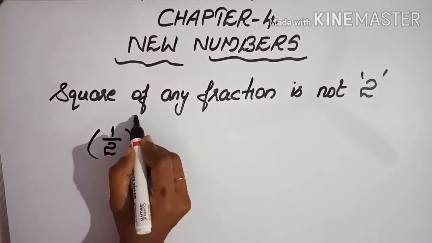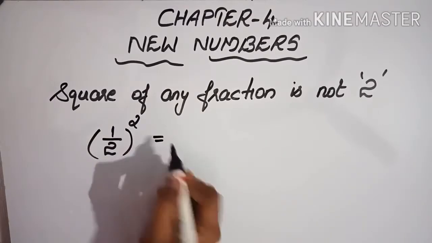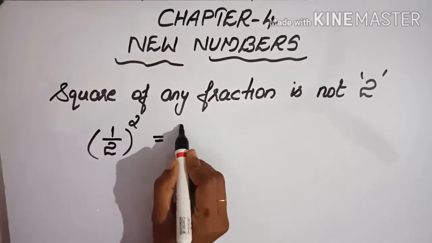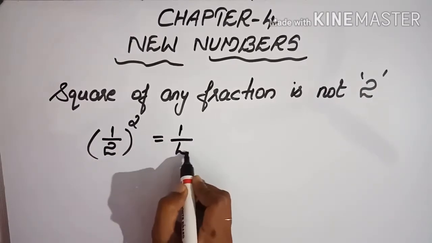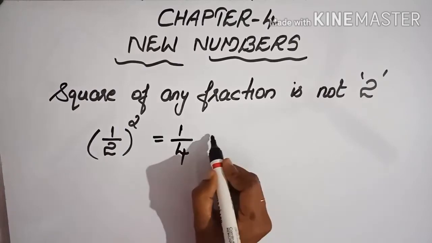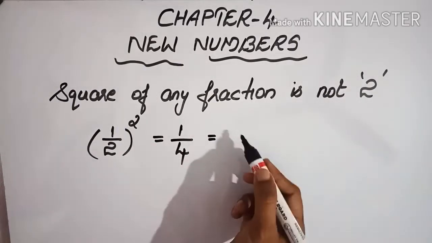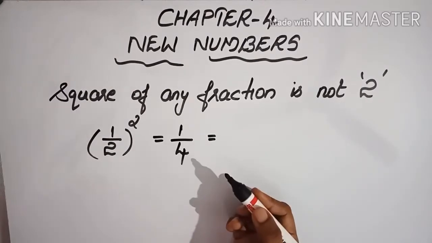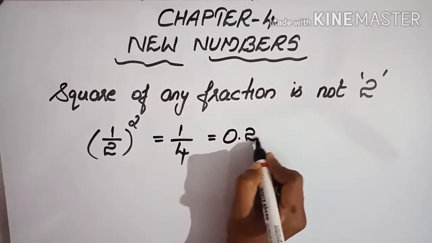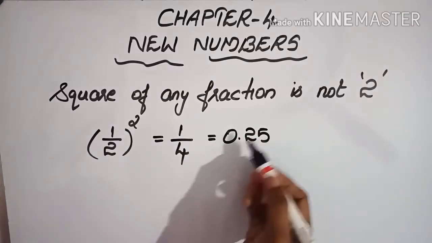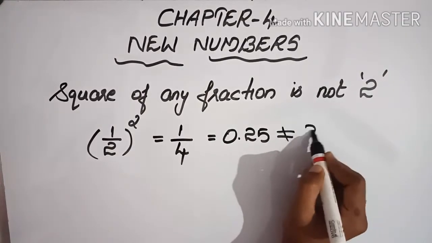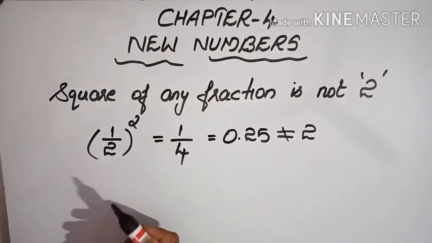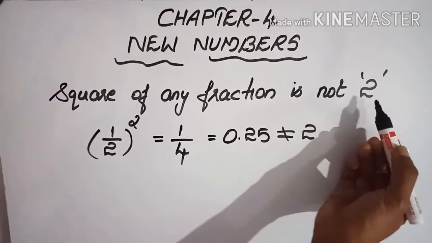Let's check whether the square of this fraction is 2 or not. 1 by 2 whole square means 1 square by 2 square. 1 square is 1, 2 square is 4, so 1 by 4. 1 by 4 is 0.25. That means it is not equal to 2.